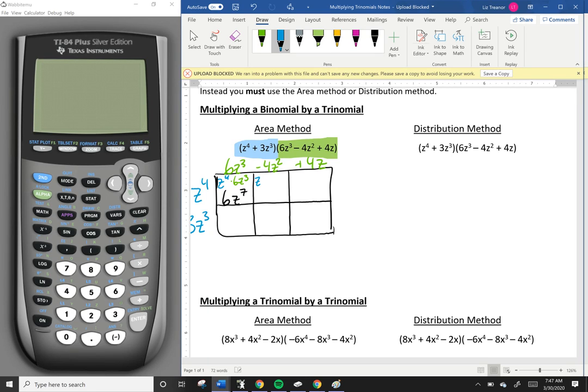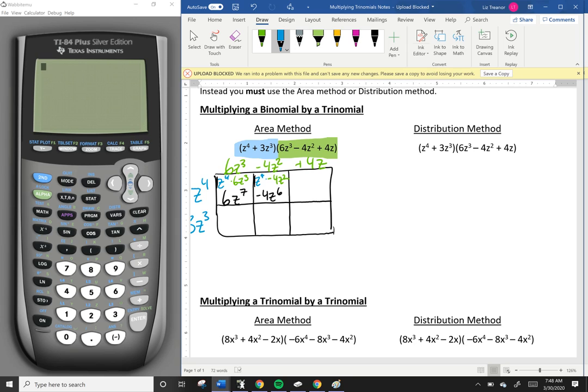To the right, z to the 4th times negative 4z squared. Again, with the imaginary coefficient, 1 times negative 4 is negative 4. And z to the 4th times z squared, well, 4 plus 2 is 6.